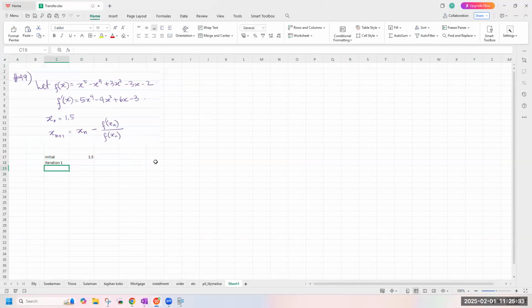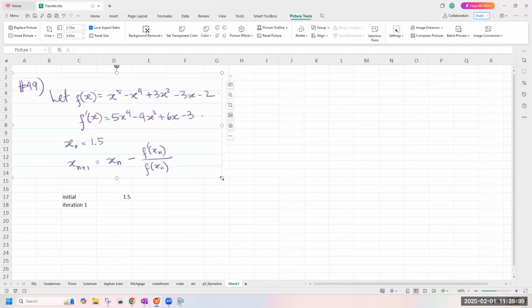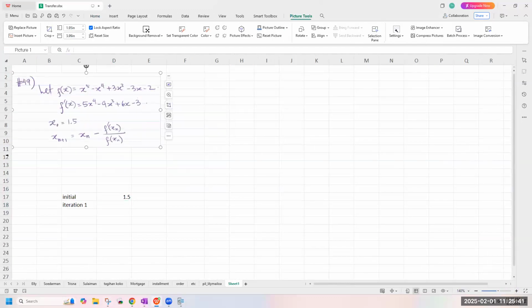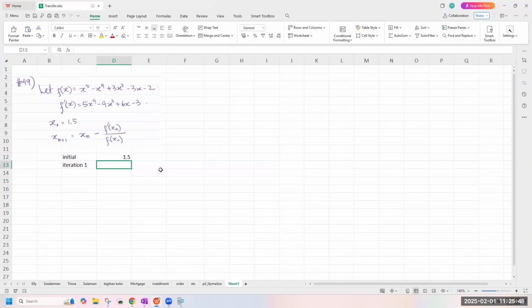Iteration 1 will be, let me enlarge this, whatever number we have there, minus parentheses f prime xn.